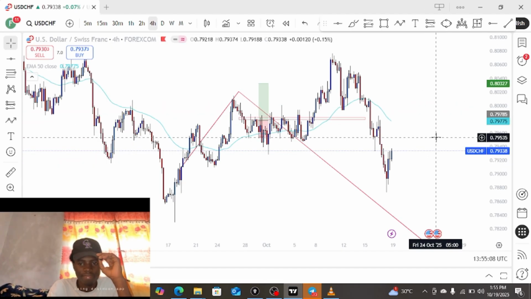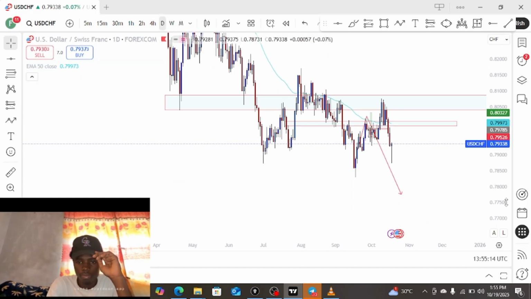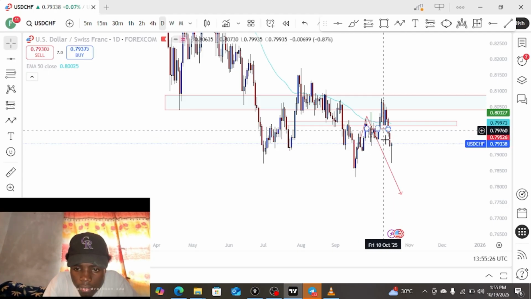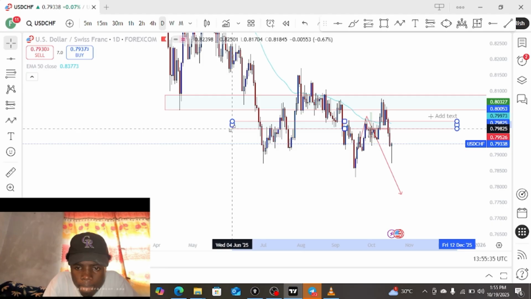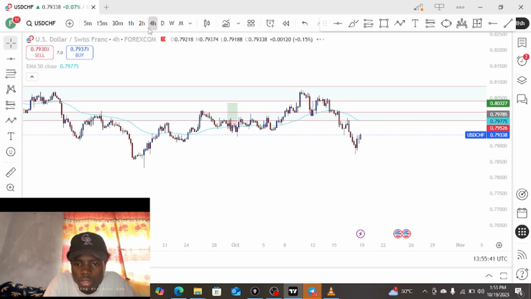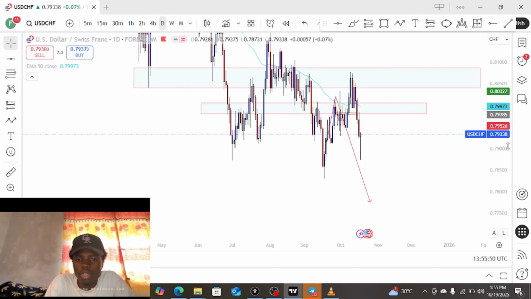Same. Okay. Lower low, lower high. Okay, I'm seeing something right here. Go to the 4. So this USD CHF, just waiting for this retracement right here, okay.